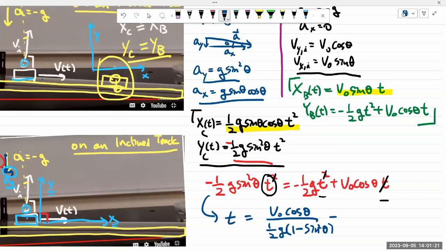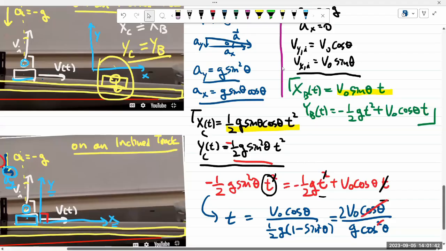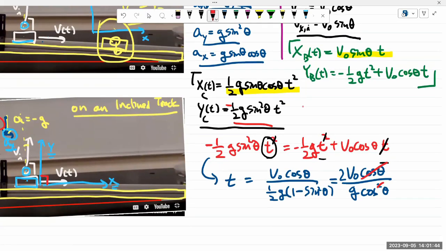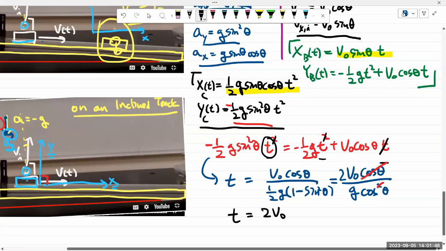Oh, I can simplify this a little bit. 1 minus sine squared theta is cosine squared theta. So it's going to be V naught cosine theta. Let me move the 2 over, I hate nested fractions. 2 times g cosine squared theta, and I can cancel out one factor of cosine theta. So the time at which it lands will be t equals 2 V naught over g cosine theta.